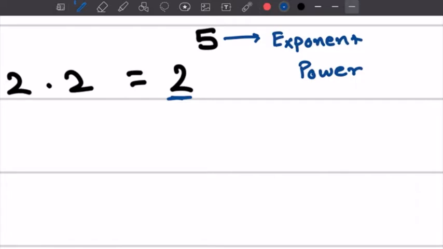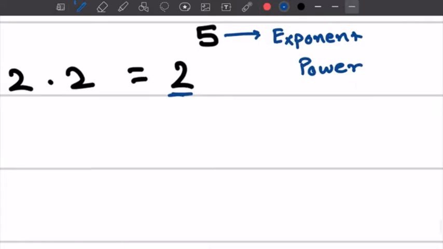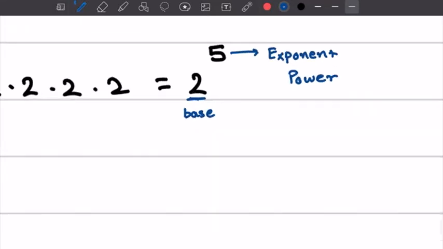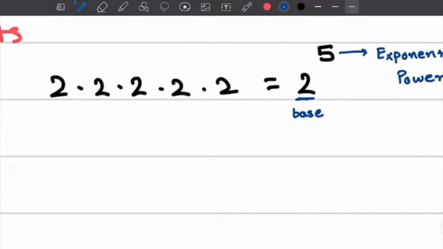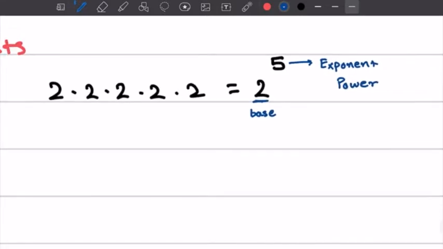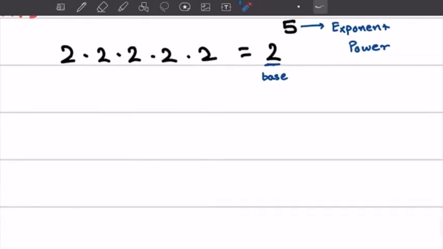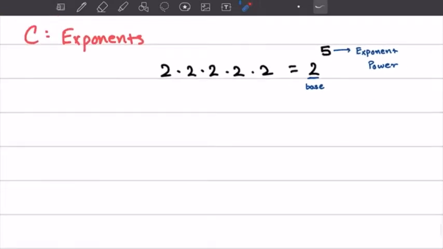This is a number that determines how many times the base is being multiplied. This number is the base. So 2 to the power of 5 is 2 times 2 times 2 times 2 times 2. That's all this is. And you would pronounce this as 2 to the power of 5. So that is all that exponents is.